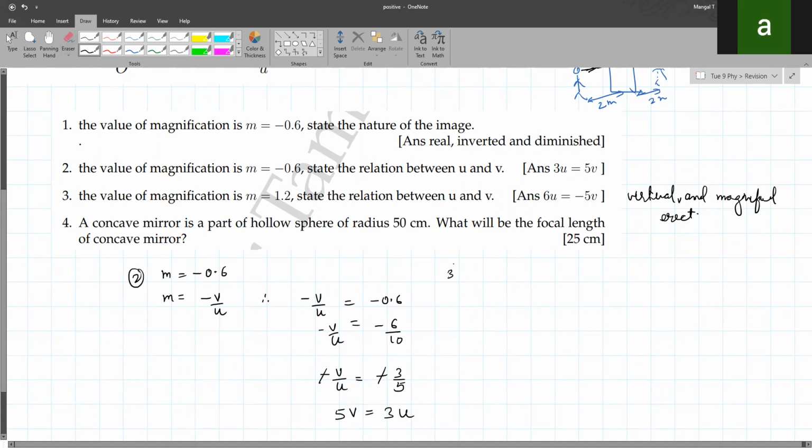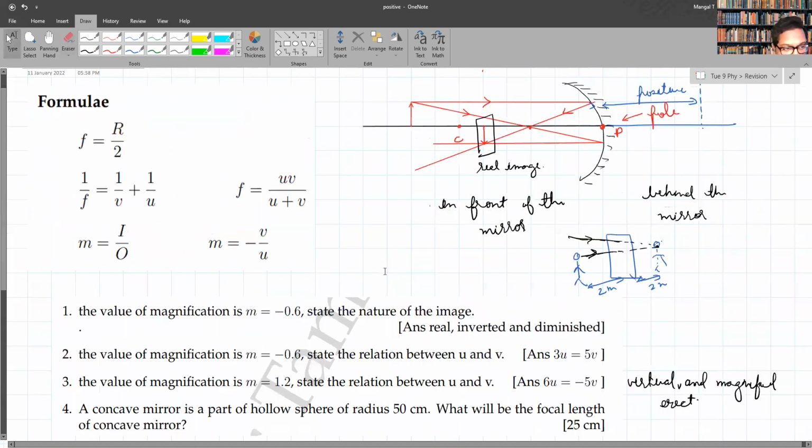How did you get m is equal to -v upon u? That's the formula I've told you over here. So this is formula 1, this is 2, this is 3, and this is 4. These are 4 formulas that we will be using. So this negative sign is a part of the formula.